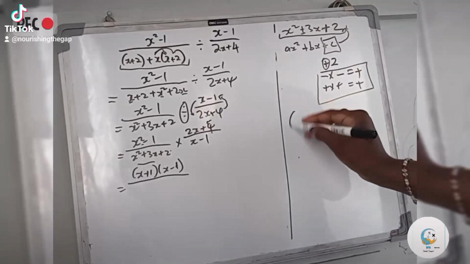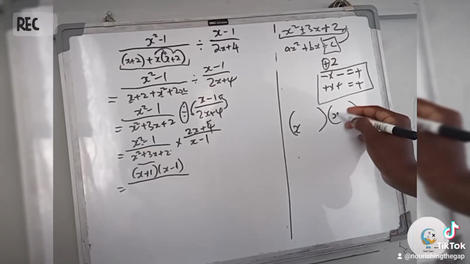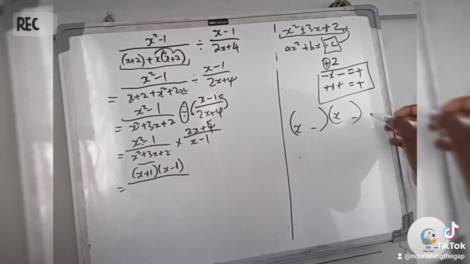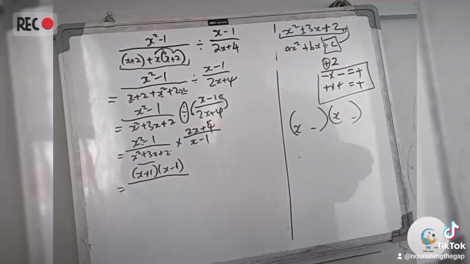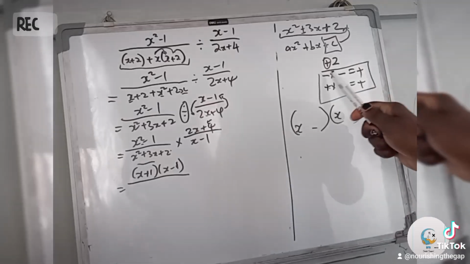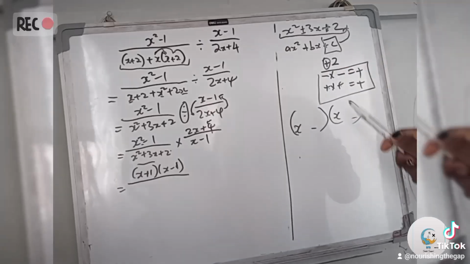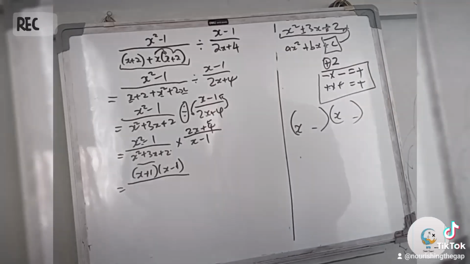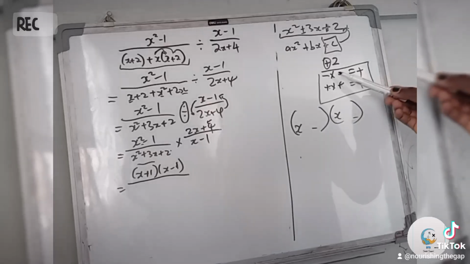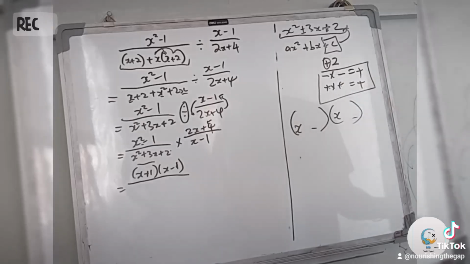Now we open our brackets, we place x, and we are looking for these factors here. Firstly, we determine the integers. Negative multiplied by negative gives a positive, but when you add negative plus negative, it gives us negative.